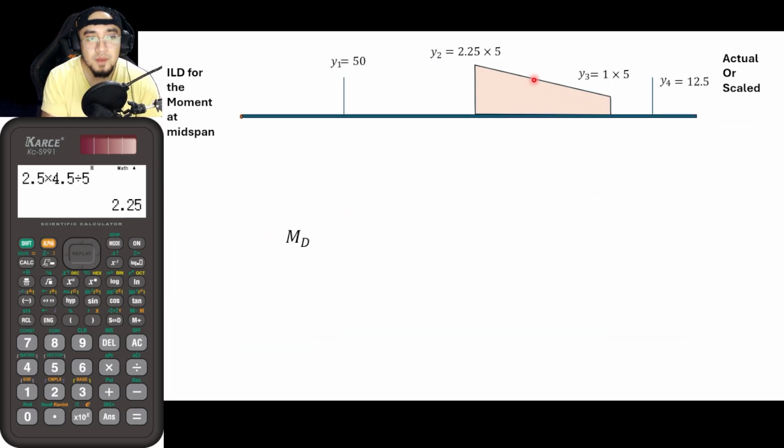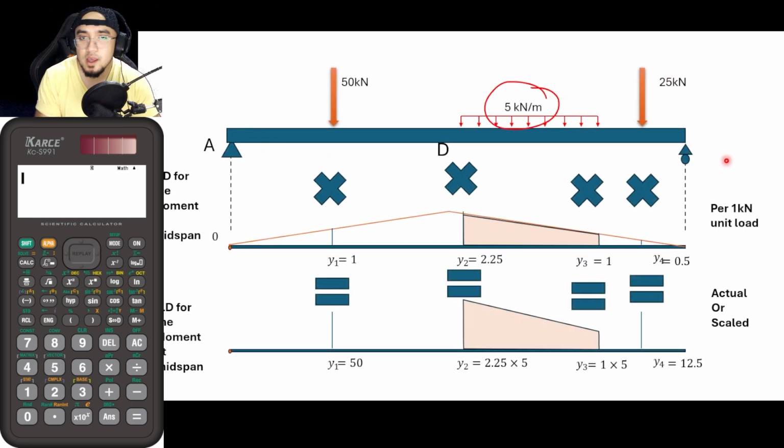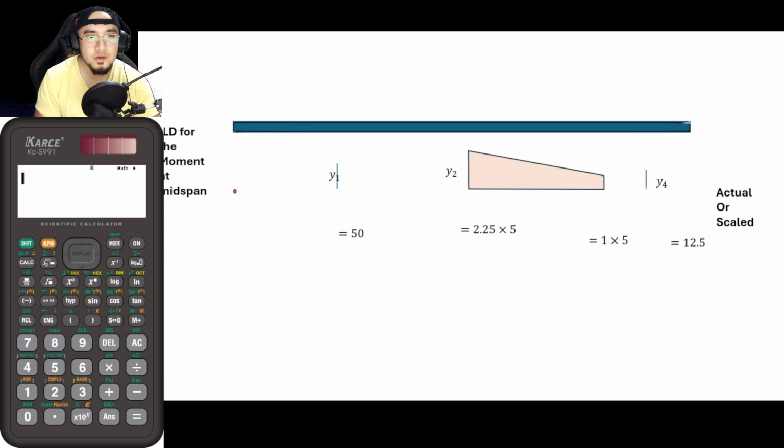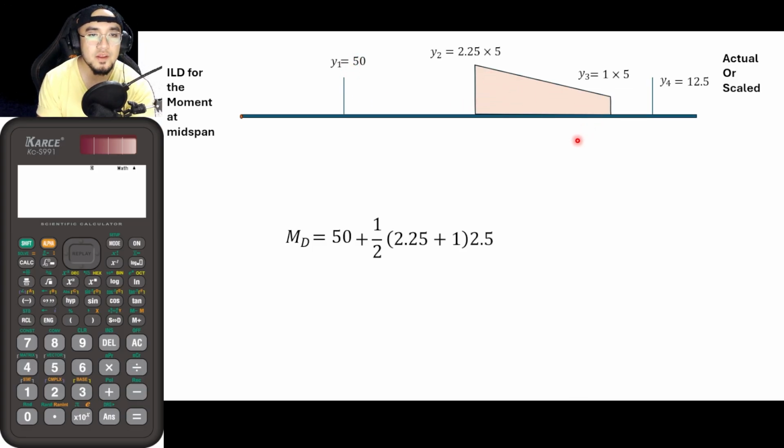Okay, so in order for us to get the moment at D using our scaled ILD of this loading system, once you have already solved for the ILD, you would just be adding everything. So that is basically M_D is equal to 50, that is this value here, plus this total area here, or this area of the trapezoid, so plus 12.5. So this is basically the moment already.